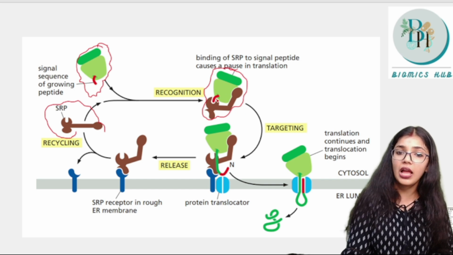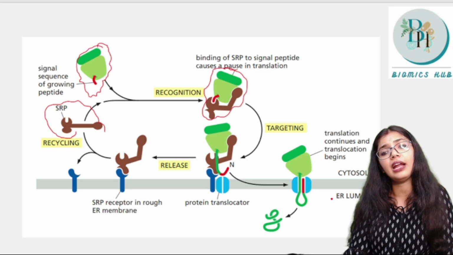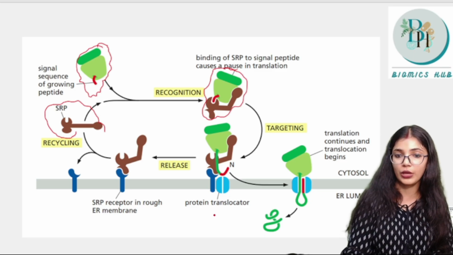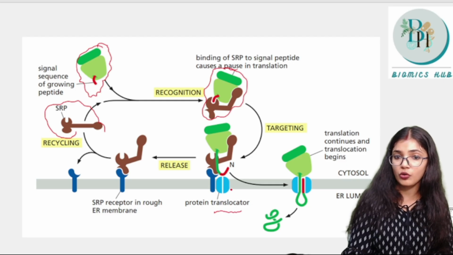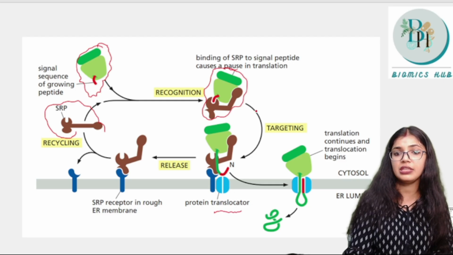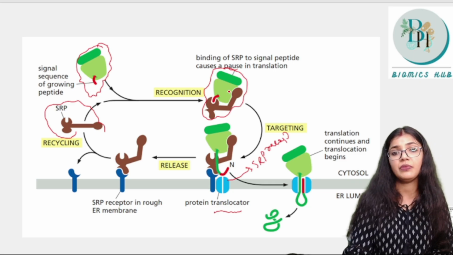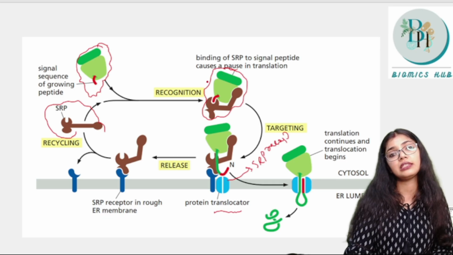After that, in the endoplasmic reticulum there is a protein translocator. This protein translocator has a receptor for SRP, known as the SRP receptor. This SRP receptor helps in the binding of the SRP, which is bringing the protein along with the ribosome.